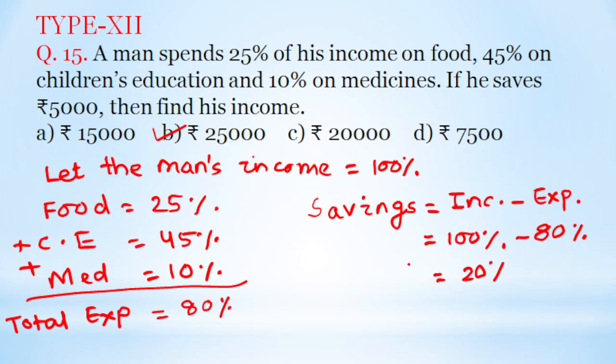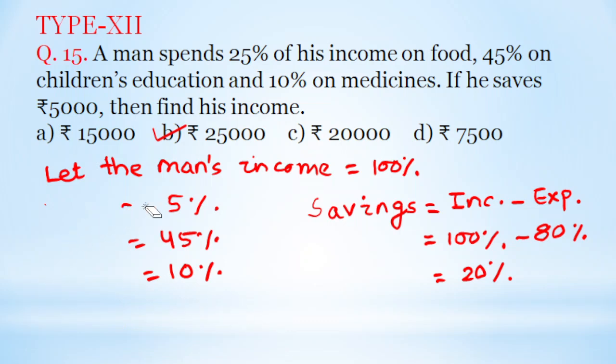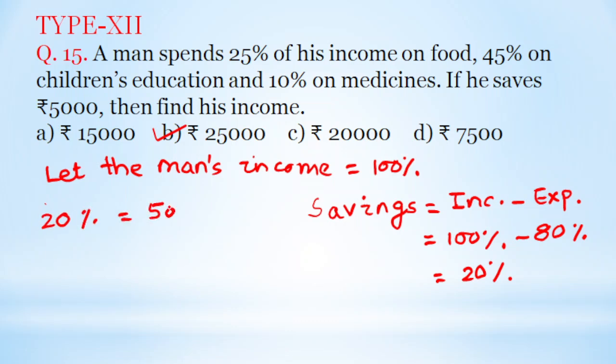And again it is given that he saves rupees 5,000. So 20% is equal to rupees 5,000.